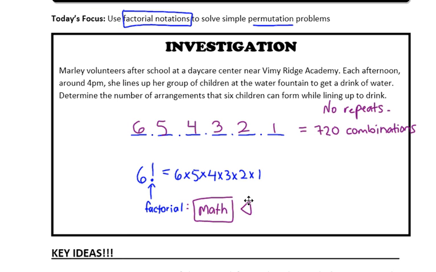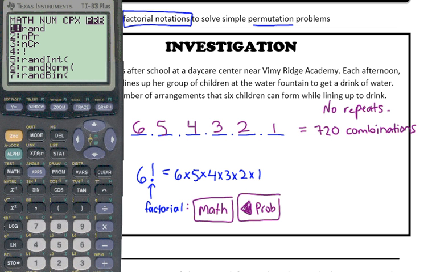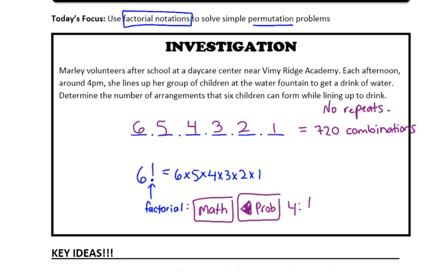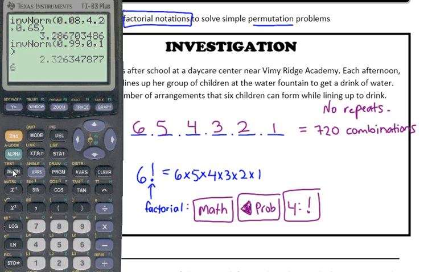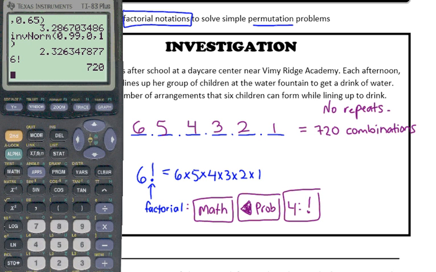So I push 1 arrow, the blue arrow, so that I can get to probability. And then, do you see it? Number 4 is the factorial. Math, left arrow, 4. So to type that into our calculator a lot faster, you're going to have 6, math, arrow, 4, and there we go, 720. Okay, it's a lot faster way to type it in.